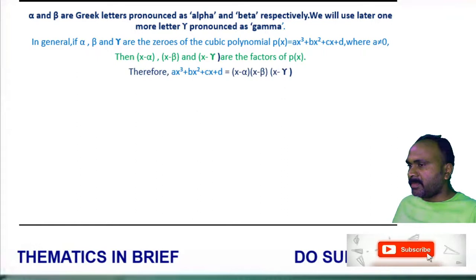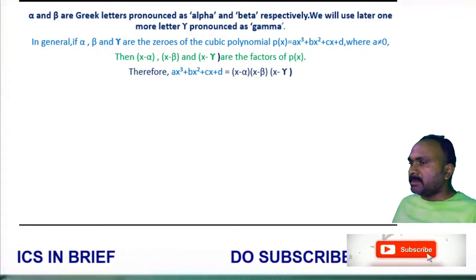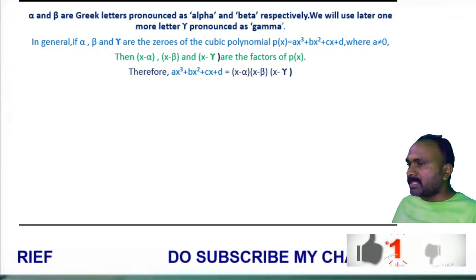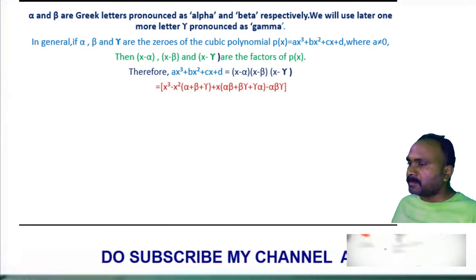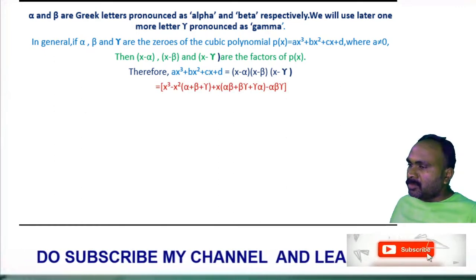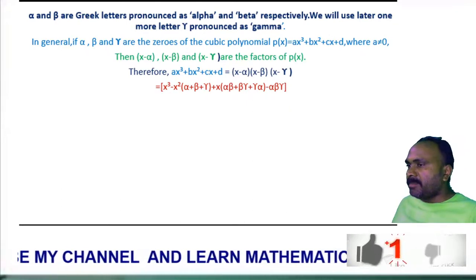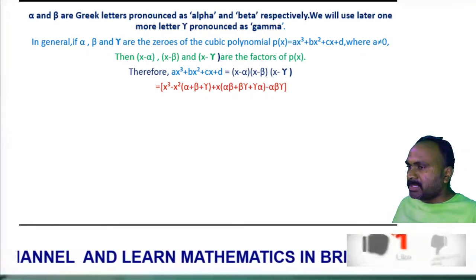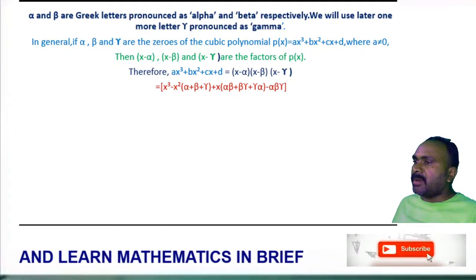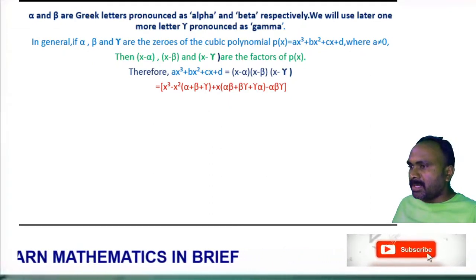Now it can be written as x minus alpha into x minus beta into x minus gamma. So here we get x cube minus x square of alpha plus beta plus gamma plus x of alpha beta plus beta gamma plus gamma alpha minus alpha beta gamma.